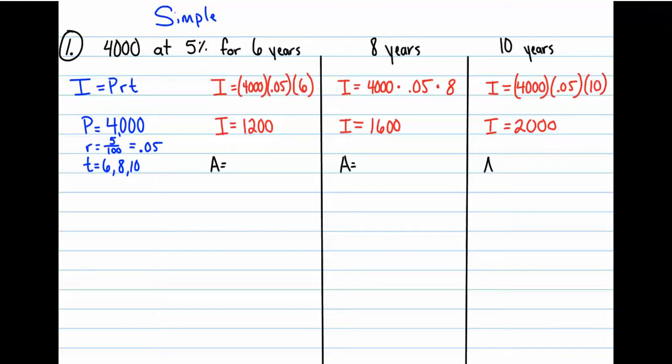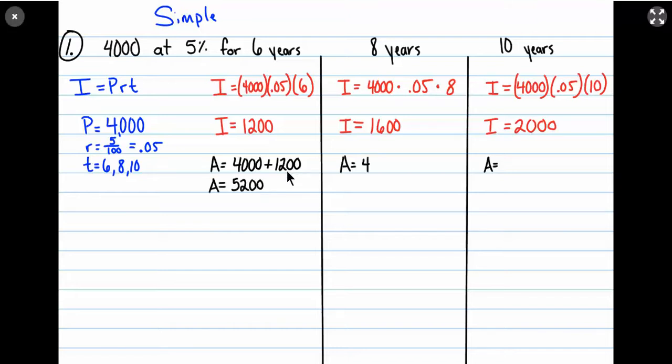Why would I put the A? Well, I told you that A means the total. If you borrow 4,000 and you pay 1,200 in interest, what's the total that you actually repay? What you borrowed plus what you pay to borrow, my total would actually be this number.